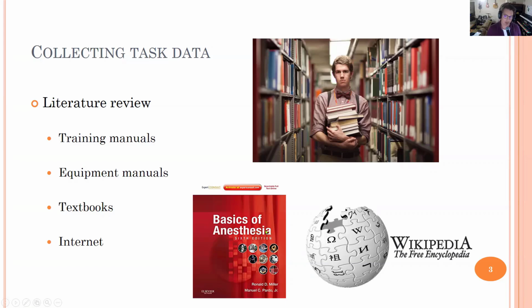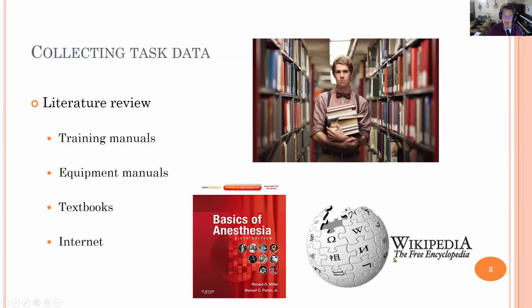I want to learn how people do things, how they're supposed to do things. And so I've got training manuals, textbooks, equipment manuals. Of course, the internet is a great source of all of these things, and I won't have to, I hope, tell people that Wikipedia is only as good as the last person who edited it.